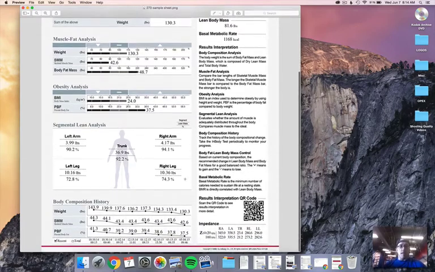Down here, the segmental lean analysis, for the left arm, you have 3.99 pounds and 90.2%. So the pound is literally how much lean tissue is there. And then the percent is similar to the percent up here in the muscle fat analysis, where 100 is normal, above 100 is above normal.